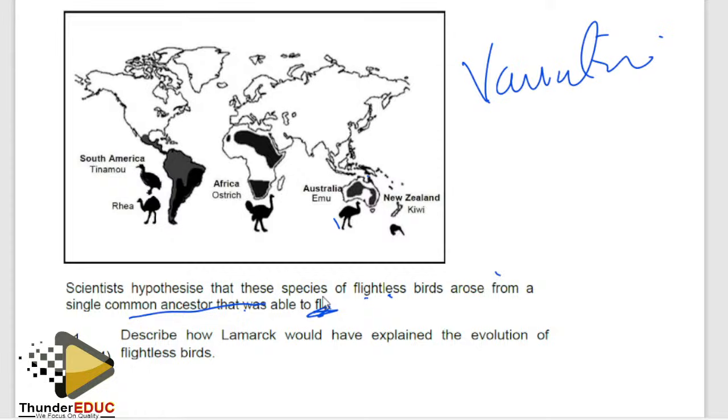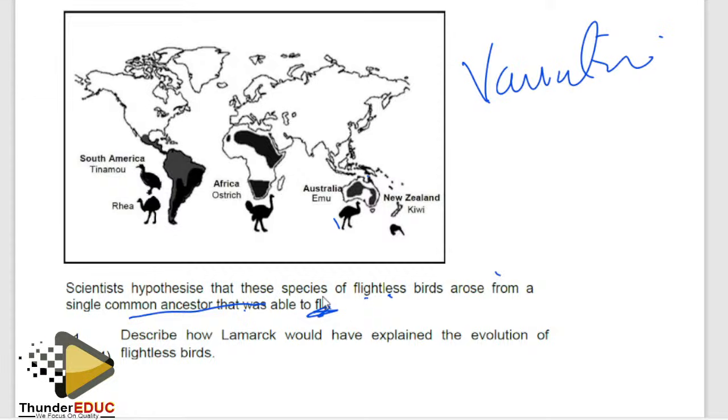Is it clear? Those which are able to fly, maybe they were not favored, maybe because they were detected by the predators up there. Therefore, they were being killed by the predators, while those which are not able to fly were able to survive. They were able to survive and hide from predators.